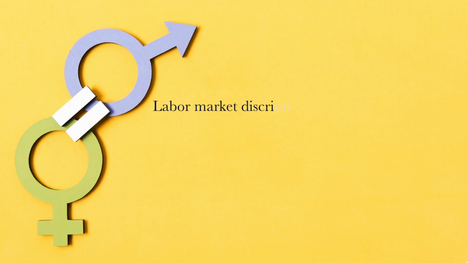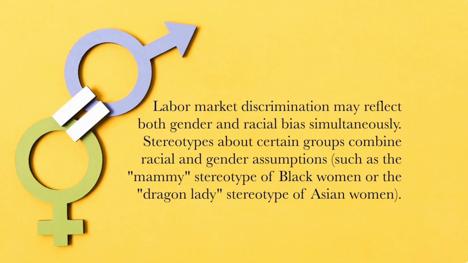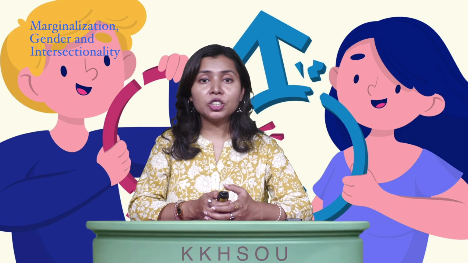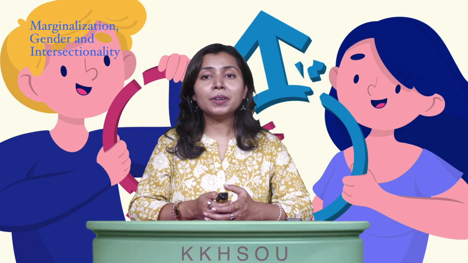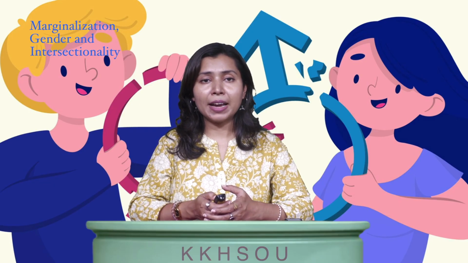For instance, labor market discrimination may reflect both gender and racial bias simultaneously. Stereotypes about certain groups combine racial and gender assumptions, such as the mammy stereotype of black women or the dragon lady stereotype of Asian women. Immigration policies may differently impact women and men from particular racial or religious backgrounds.